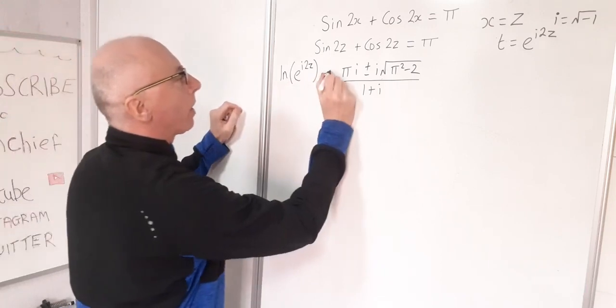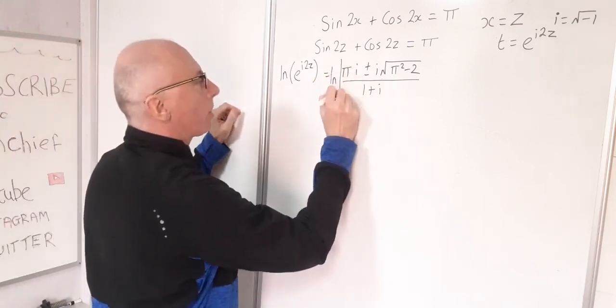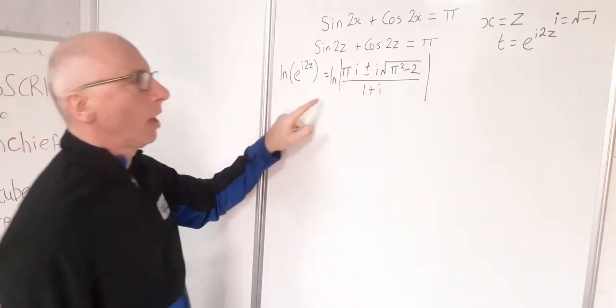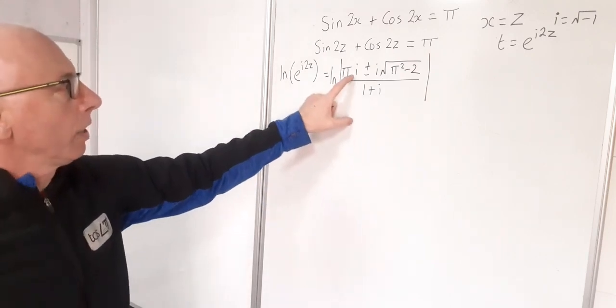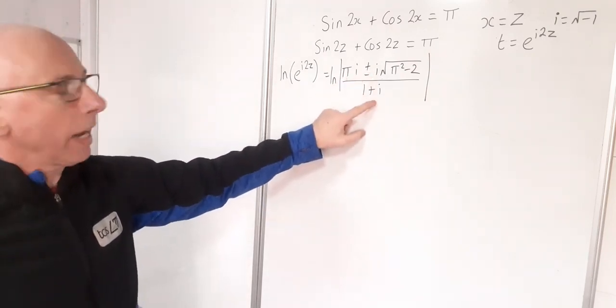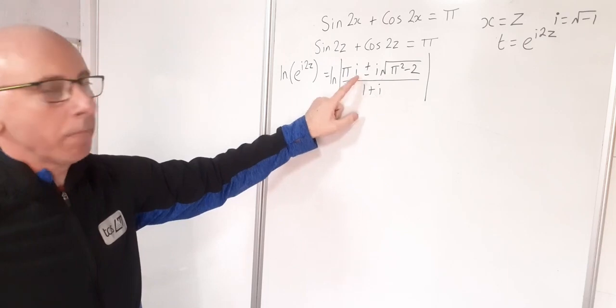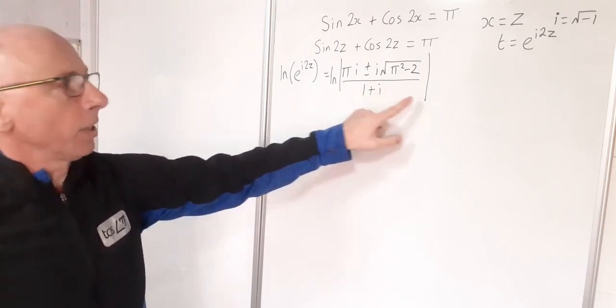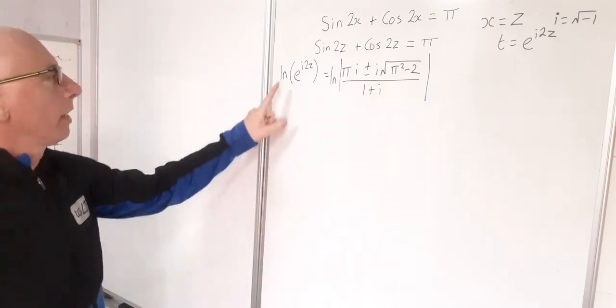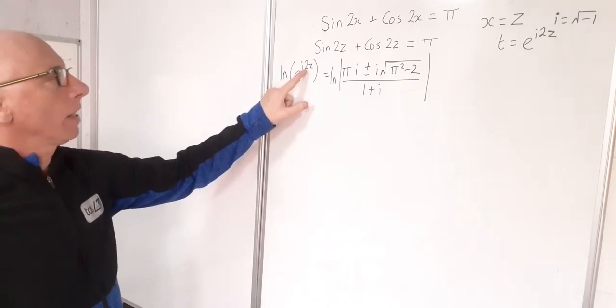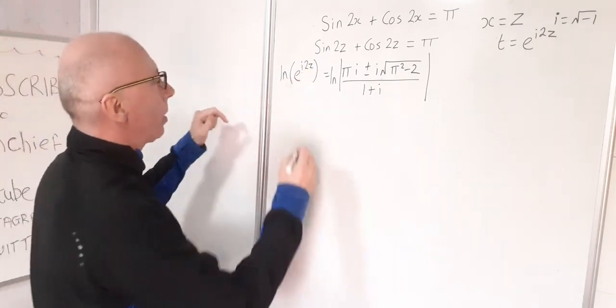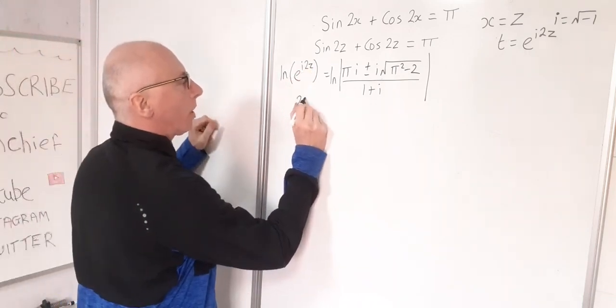I also need to take the log of this one. Now here I've got my absolute value because I don't know if the whole of this is going to be a positive number or not. And with my imaginary constants in there, I'm going to need these. Okay, so log of e to the i 2z, that's going to give me 2iz.